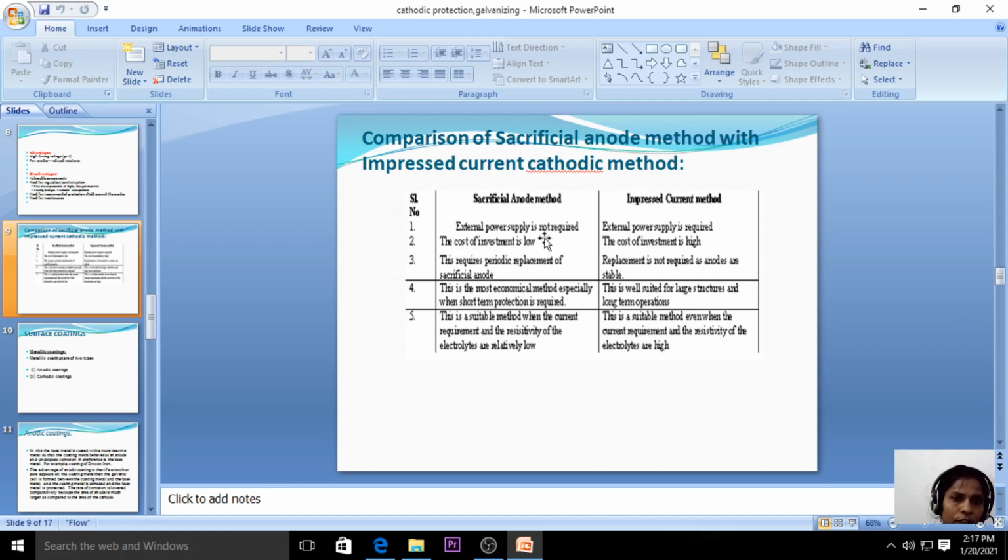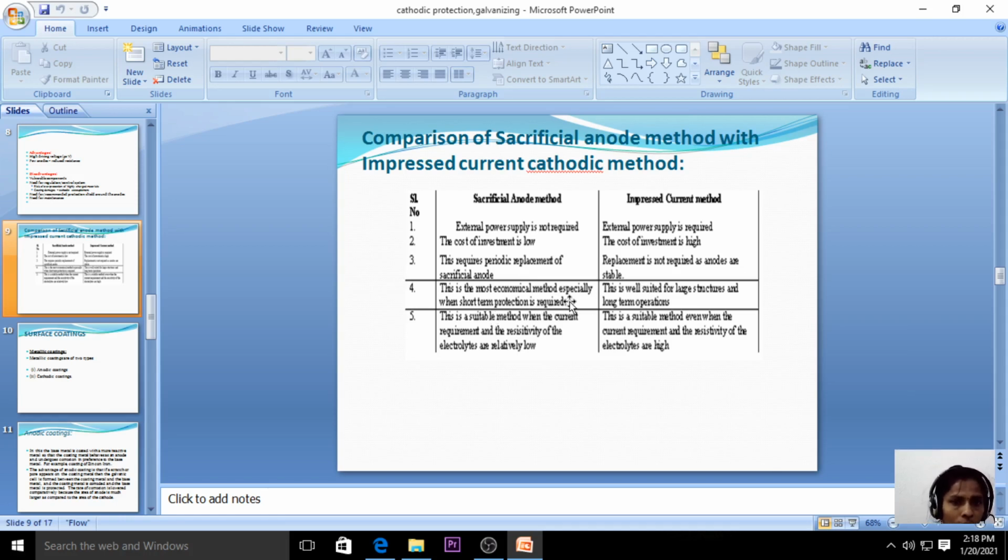The cost investment is low in sacrificial anodic protection, whereas the investment is more in impressed current cathodic protection. Sacrificial anodic protection requires periodic replacement of the sacrificial anode; after complete corrosion of the anode, we can replace it with a new one. Whereas in impressed current cathodic protection, there is no such replacement.